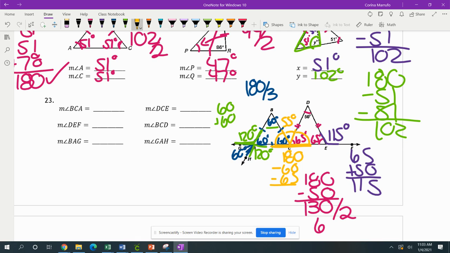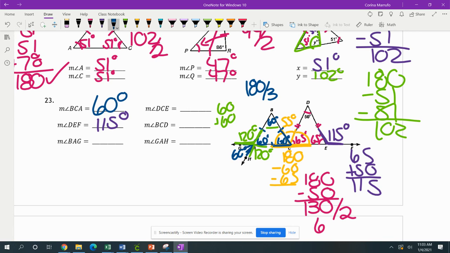So I'm going to go ahead and answer my questions. The first one's asking me for B, C, A. B, C, A is talking about this one. It is 60 degrees. The next one is asking for D, E, F. D, E, F is talking about this exterior angle, which is 115 degrees.